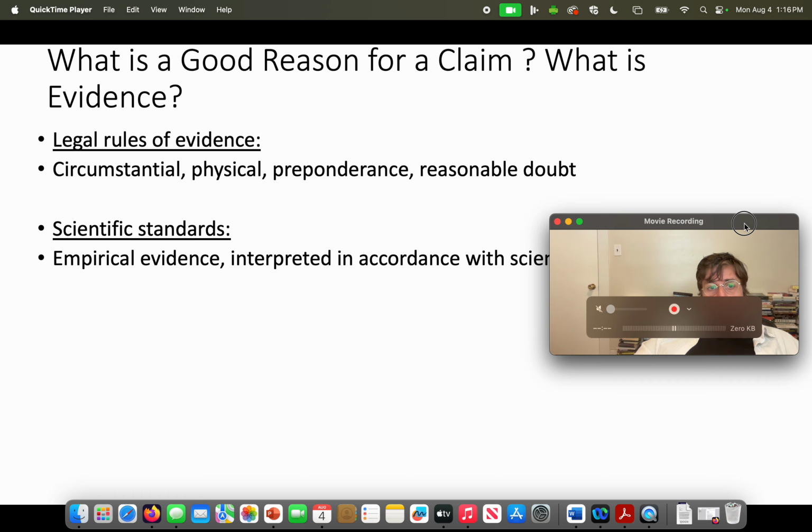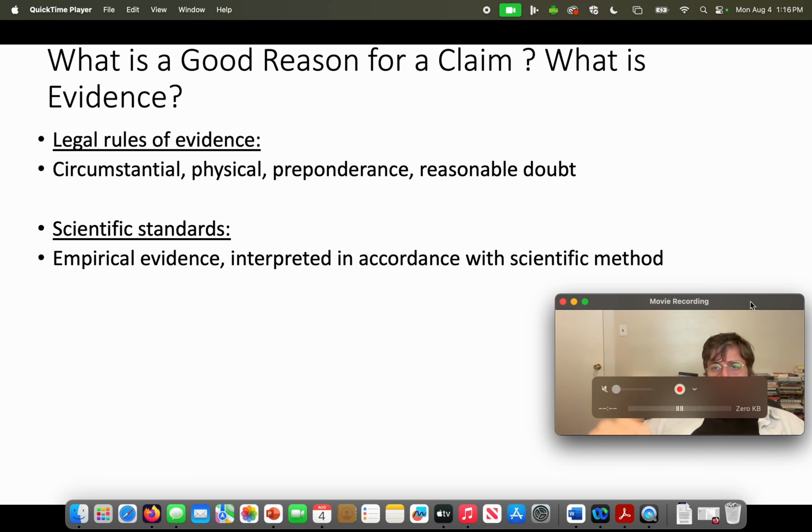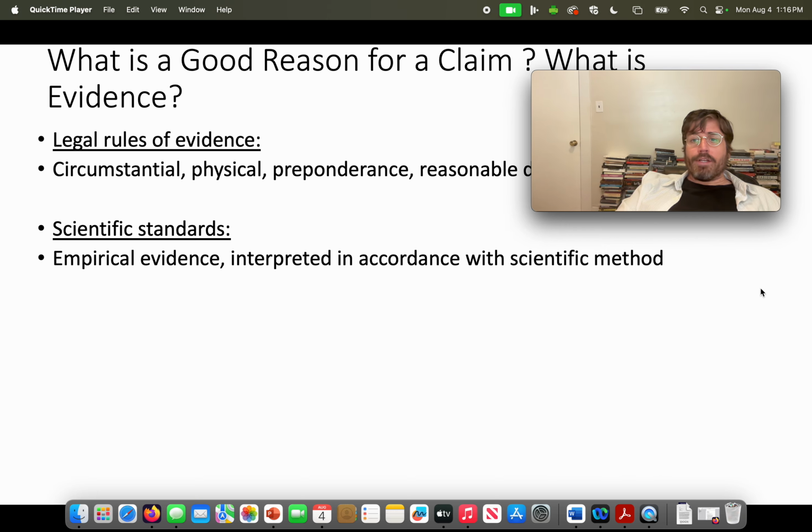We have what is called empirical evidence, which is a very broad category. We can't really address what empirical evidence in the sciences means here in this context, but suffice it to say that science has developed a very sophisticated kind of barrage of instruments designed for picking up evidence in the natural world.